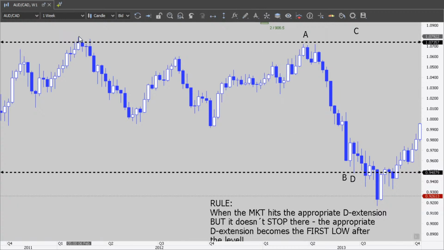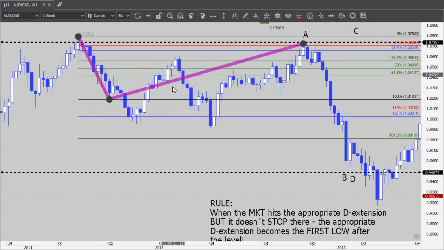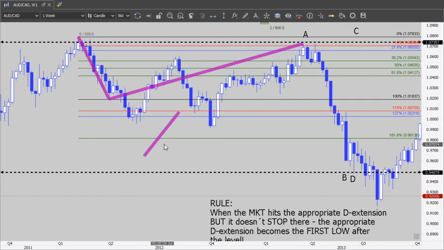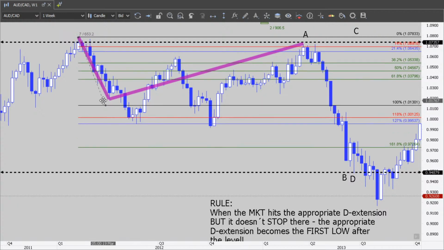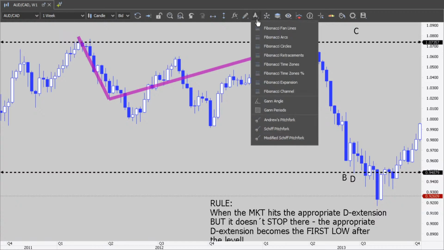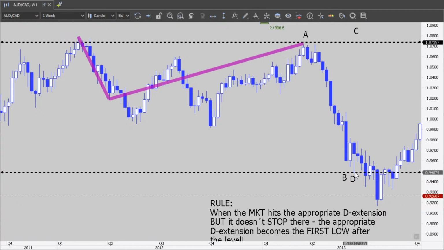I shouldn't do this. Okay, there you go. It doesn't really matter if you cancel the Fibonacci, right? So we are going to readjust, we are going to draw a new one.